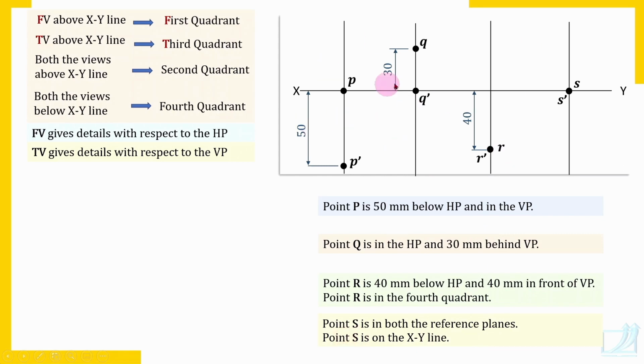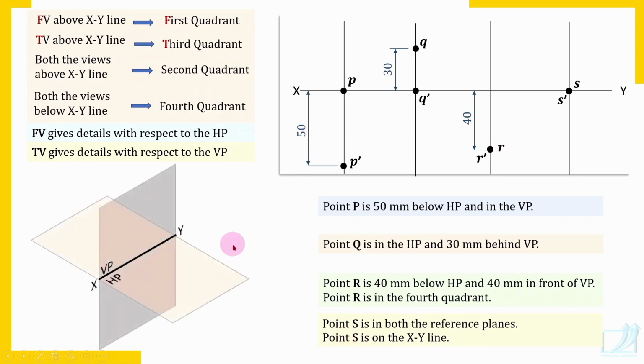Now just to make you visualize this, here I have drawn a three-dimensional diagram. So this is vertical reference plane, this is horizontal reference plane, XY line is line of intersection of HP and VP, and point P, I have used capital letter, this is actual point P. Watch here, this point P is in VP.